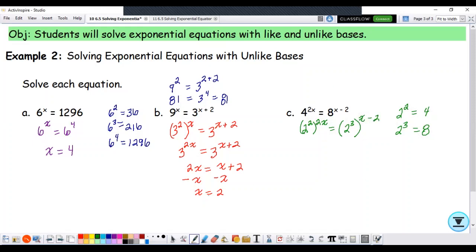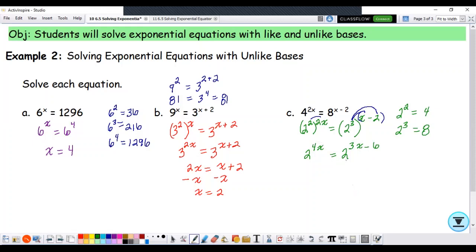And then just as I did in example B, I have powers raised to a power, so I can multiply my exponents and write my equation as 2 to the power of 4x equals 2 to the power of 3x minus 6.